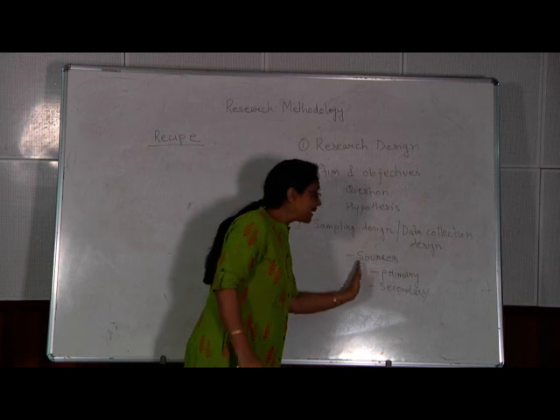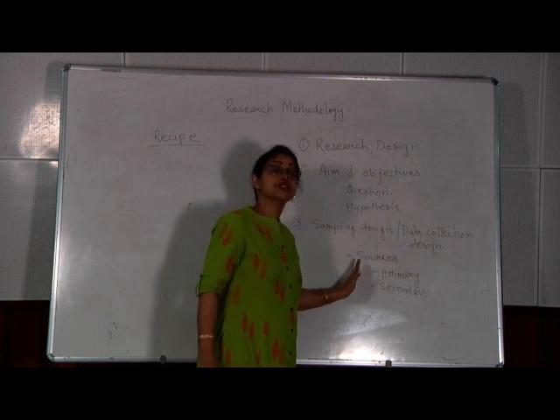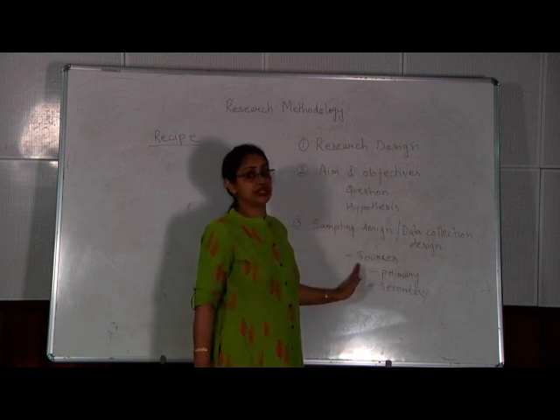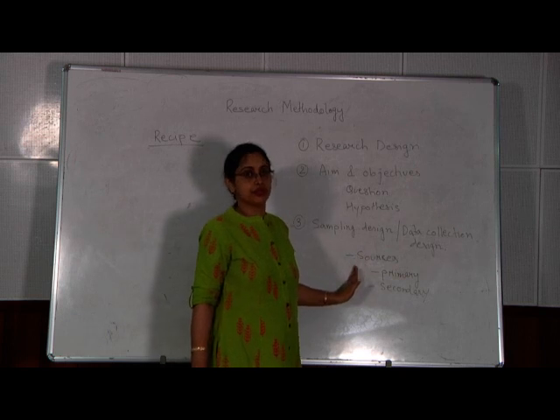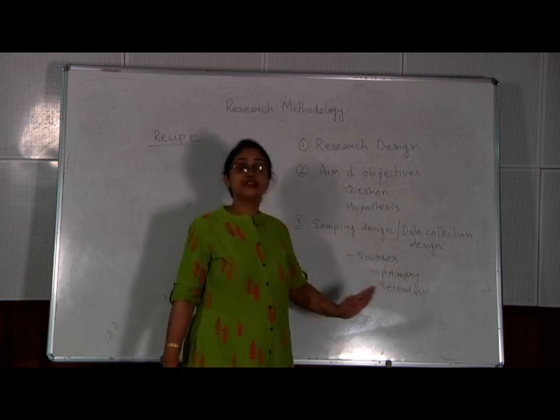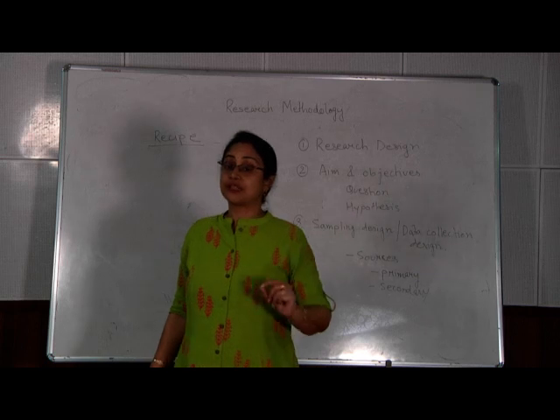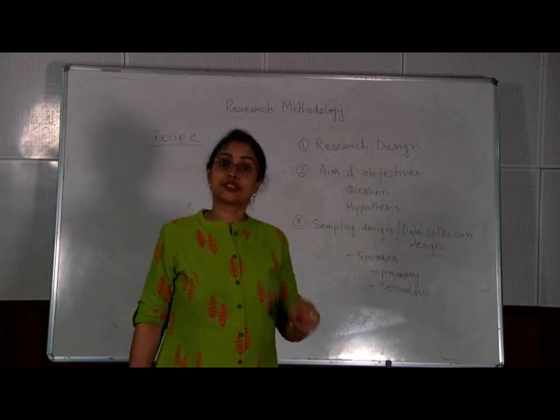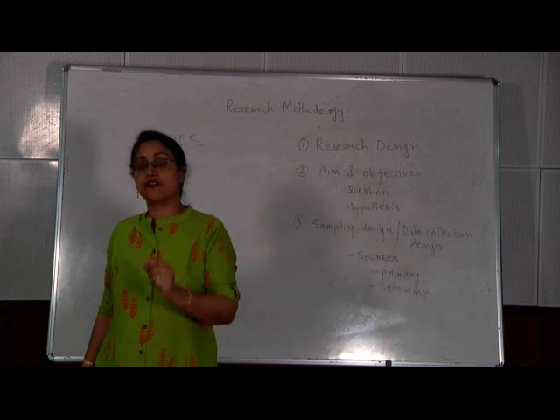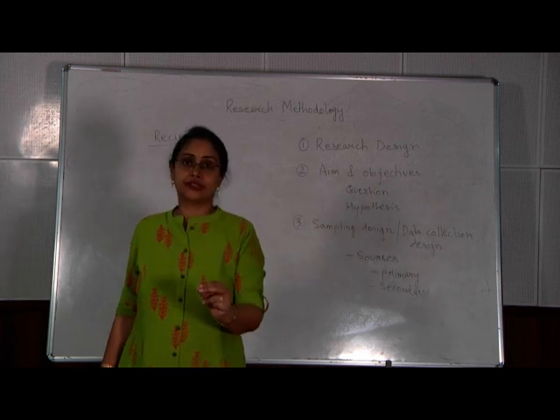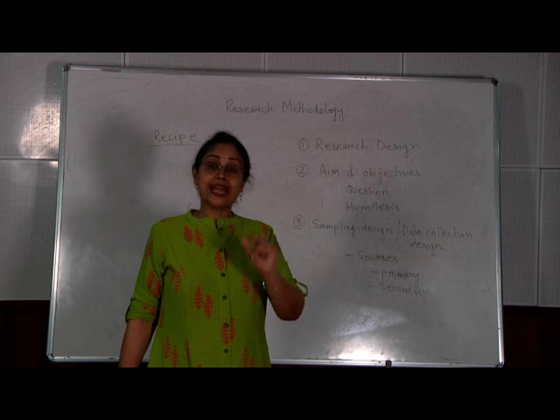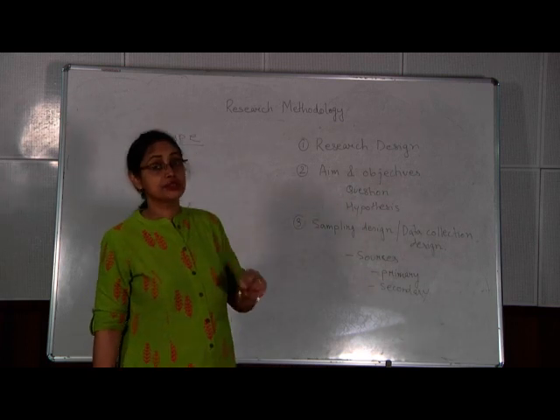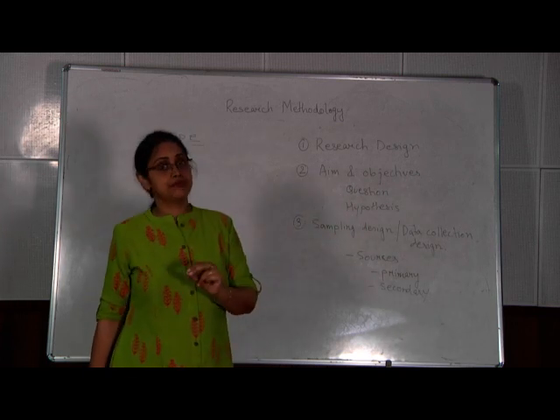Why these primary sources are the most relevant primary sources of data for your research. So you have to every time give a justification for the sampling techniques that you have selected. You have to provide justification for the sources of data that you have identified for your research. That process of providing justification is extremely important.